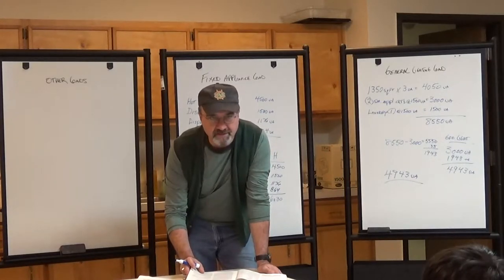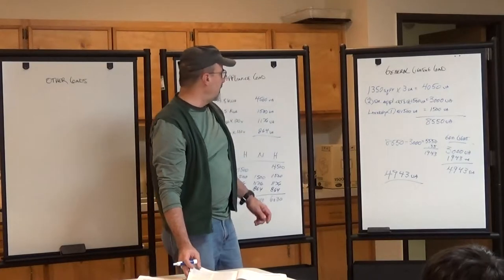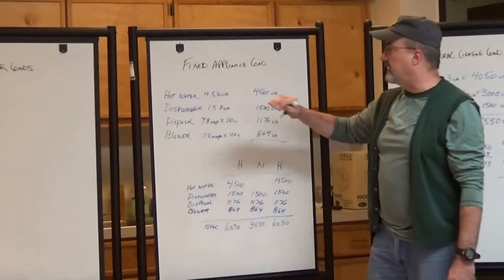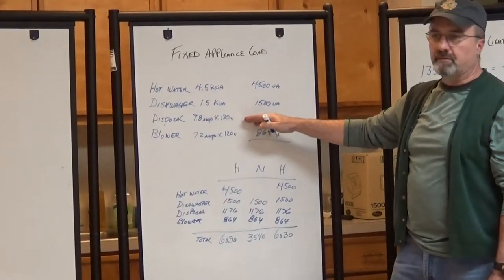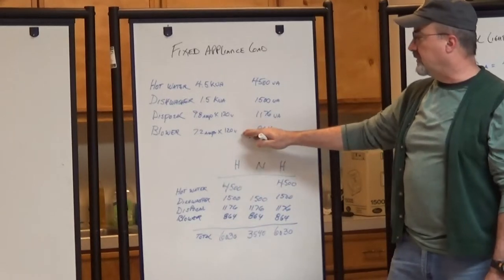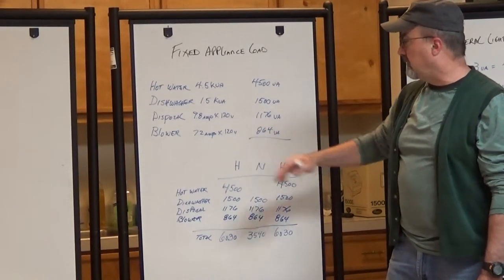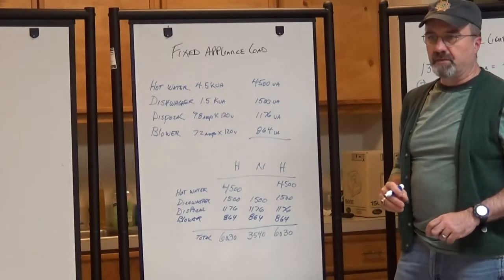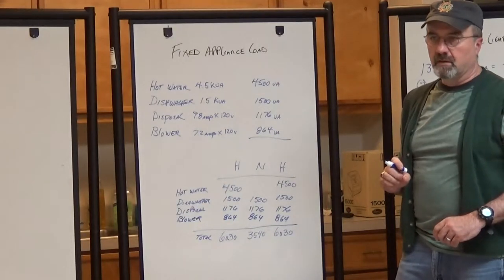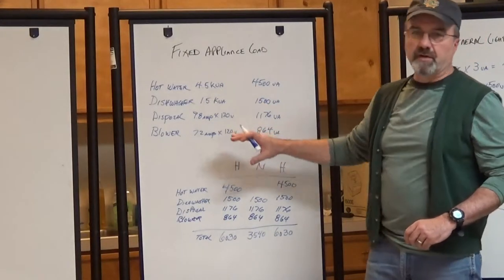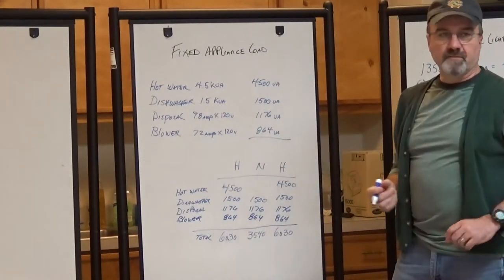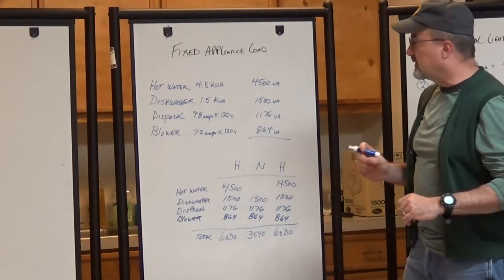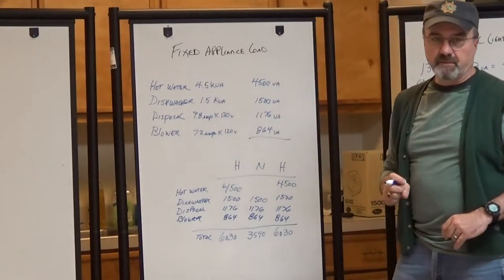The code is recognizing that we're probably not going to have the hot water heater energized and the dishwasher and the disposal going continuously and the blower motor running continuously all at the same time. So it's giving us a little bit of a demand factor. They're saying, take 75% of that, since a few of these could be running at the same time. Again, this is for sizing the service entrance conductors, not the branch circuits. So it's going to give you a 75% demand factor.